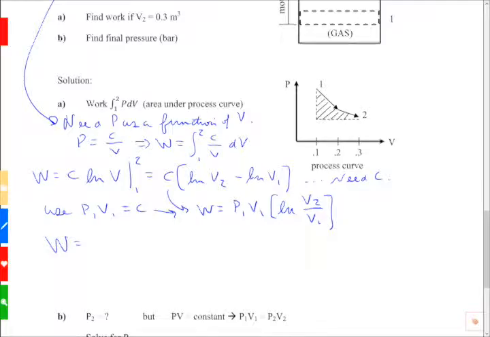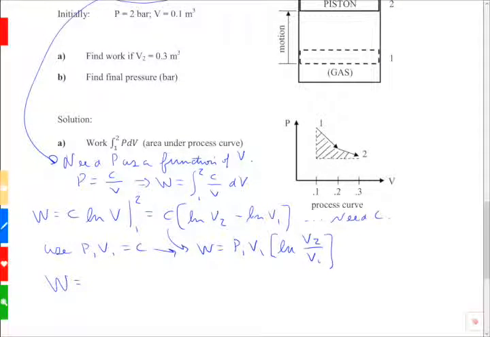The work is going to be, where's P1? P1 is 2 bar. I'm going to write that as 2 times 10 to the 5th newtons per meter squared. V1 is 0.1 meters cubed. And then I've got the natural log of the ratio of V2, which is 0.3, divided by V1, which is 0.1.